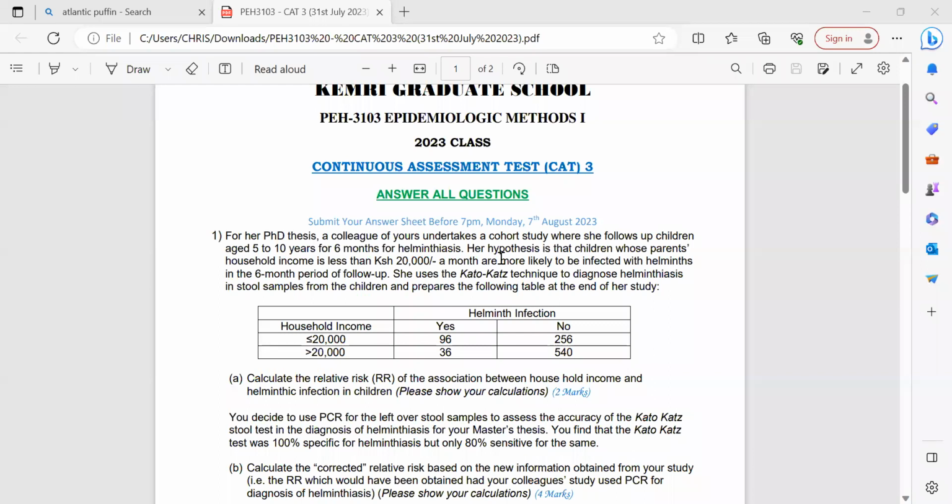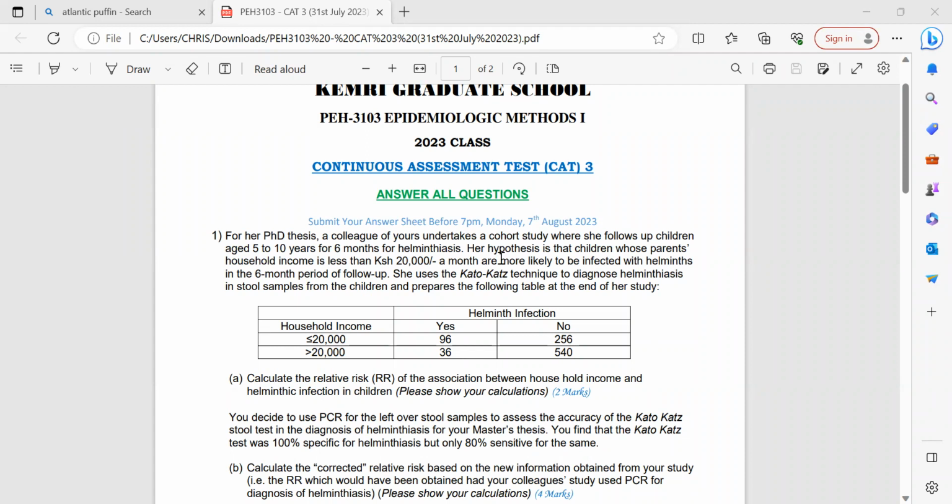Okay. Yeah, because the calculation is 96 over 256 plus 36 over 540, right? Yes. Okay, so let me do... wait. 96 over 256 plus. Yeah, plus.